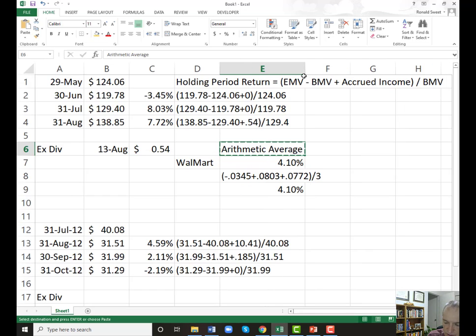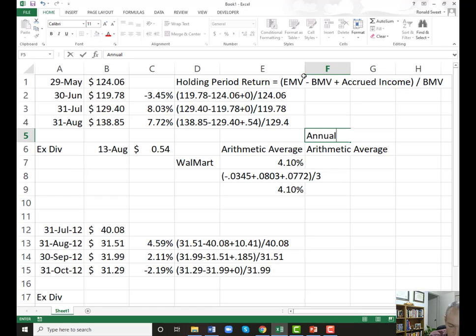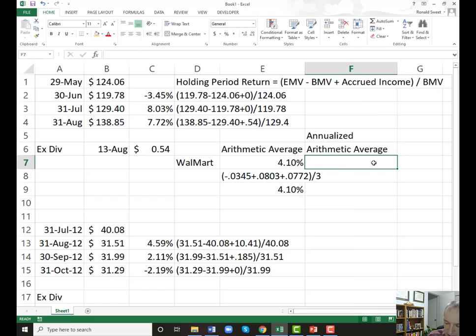Now let's do the annualized arithmetic average. So how do you do that? Well, all you've got to do is take 0.041, the monthly average, times 12. That's all you have to do. Very simple formula. I'm going to actually reference it. And there you get 49.20.